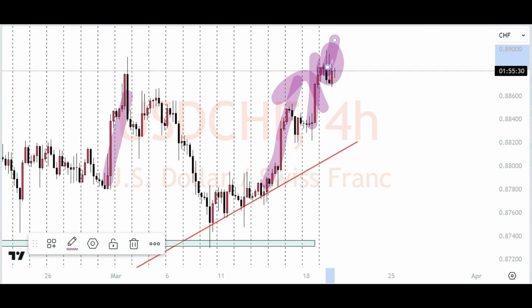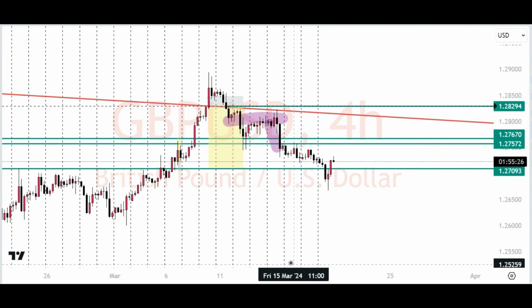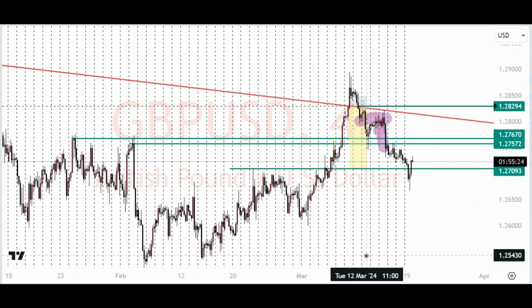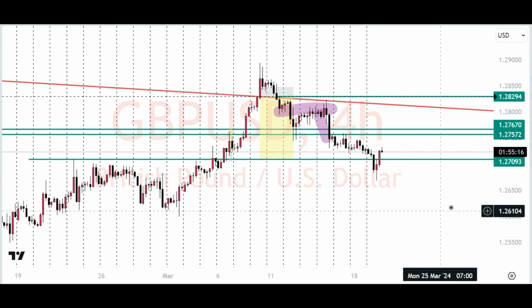Right, so now let's look at GBP USD, my favorite pair to trade. I don't know if you guys remember, but on GBP USD I did make this little marker in purple, the highlighter in purple.